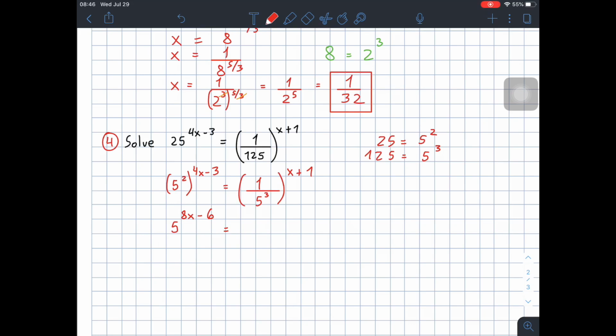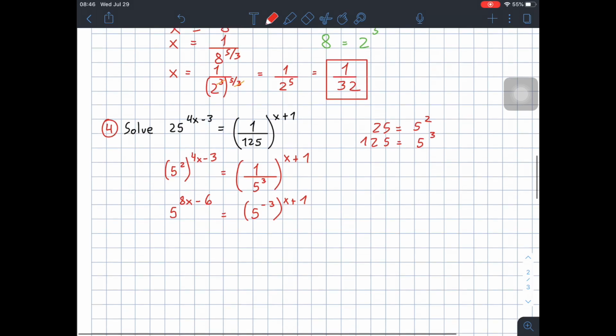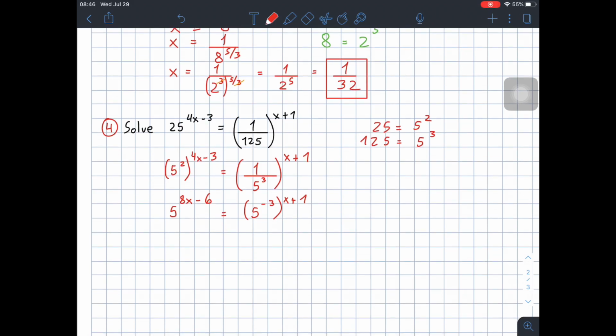I'm going to do that because I need to have both bases in the numerator in order to be able to solve this. So 5 to the power of negative 3, and again to the power of x plus 1. Okay, so I'm going to do the same thing I just did here. I'm going to multiply the exponent on the right side, right? So this stays the same. And this would be 5 to the power of negative 3x minus 3.